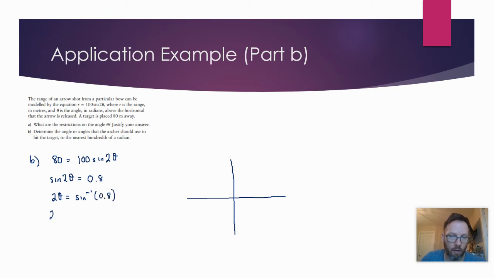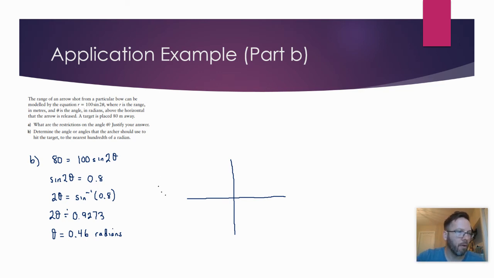Making sure we're in radians mode here, inverse sine of 0.8, I got about 0.9273, which corresponds to theta being equal to, if I divide that by 2, to 2 decimal places, about 0.46 radians.